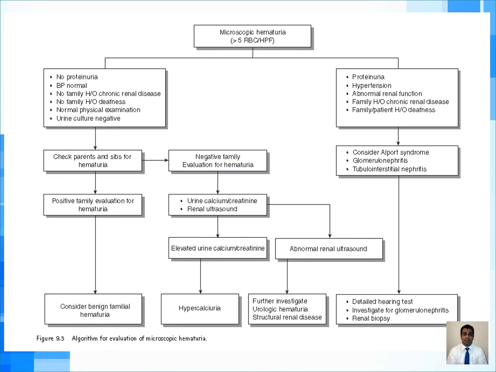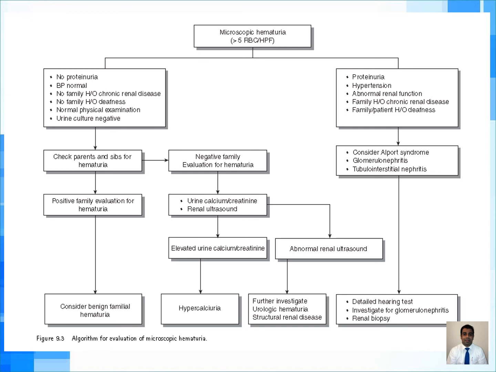So if everything is normal, you check the parents and siblings for the presence of hematuria, and if there is a positive family history and the patient has only microscopic hematuria, you can consider benign familial hematuria, but you need to follow these patients up because you're not doing a biopsy, you don't have a definitive diagnosis, it's just a suspicion. You need to follow them up maybe every 3 to 6 months with a blood pressure and a urine analysis and maybe an annual renal function, but you need to follow them up because the picture can change.